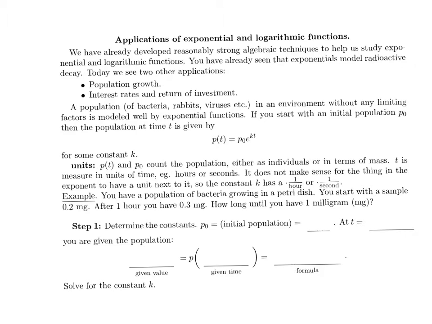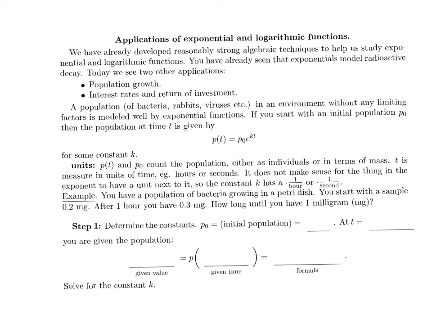If you're talking about a population of elk, then probably you're measuring it in number of elk as individuals. Possibly, units are actually thousands of elk, which is also fine. If you're measuring a sample of bacteria, you probably don't want to say there are this many individual bacteria. Instead, you're just going to say something like, what is the mass of the sample of bacteria?